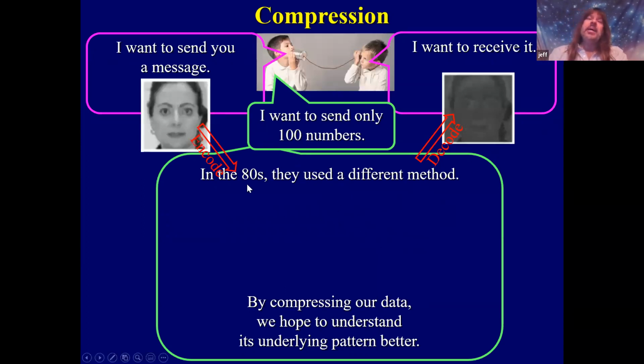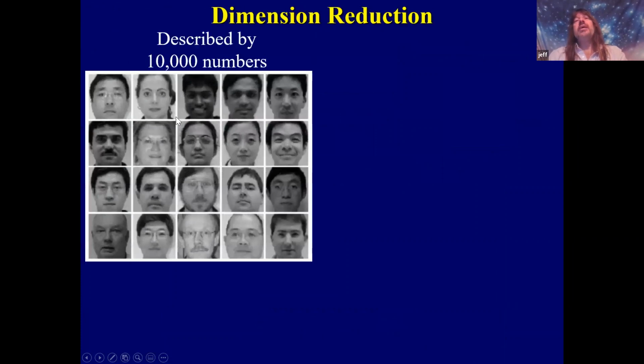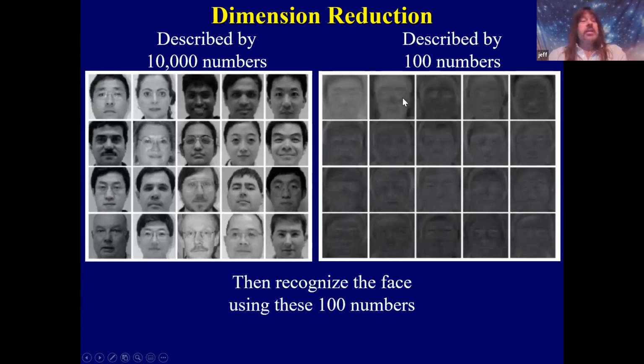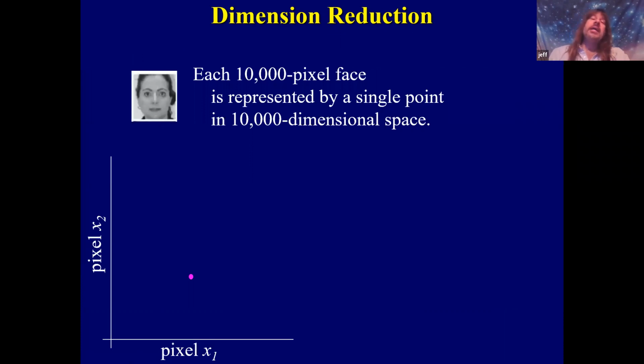I don't really know when this method came about. I've certainly known about it for a while, so I just wrote down the 80s here, but I don't really know. So here we have images, all looking straight ahead, and we want to compress them from 10,000 numbers to 100 numbers, so that we can use those 100 numbers somehow.